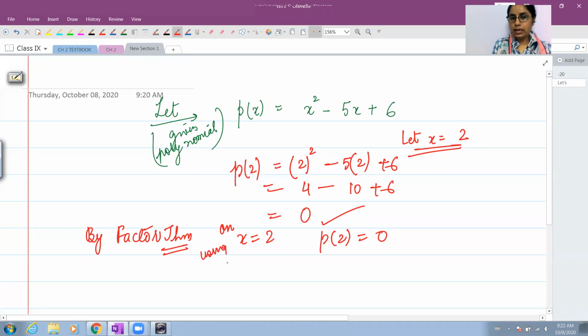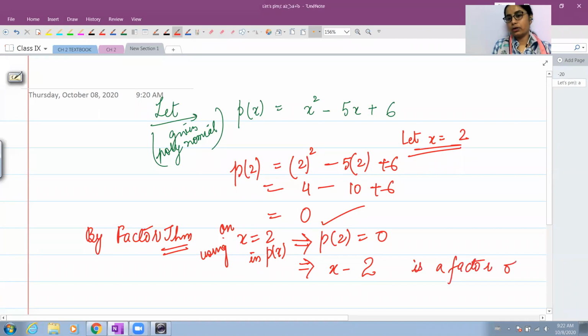On using x equal to 2 in px, I got p2 as 0. So what I can say is इस कांस्टेंट वैल्यू के आगे आपने x माइनस अटैच कर देना है. This will be a factor of px.